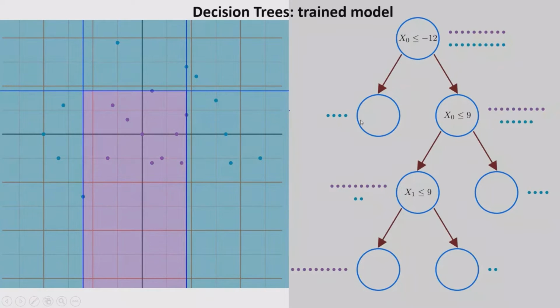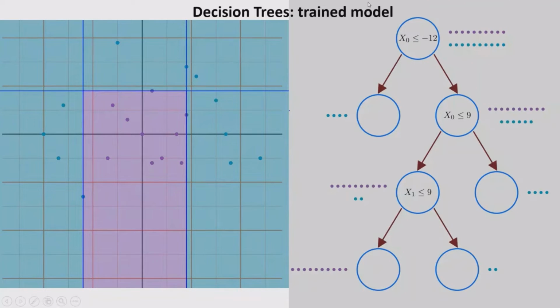So we got one pure node which cannot be further classified, and another impure node which can be. For further classification, we chose another condition, x0 less than or equal to 9, which gave another pure node and another impure node. On that impure node we imposed another condition, and now we are left with two pure nodes which cannot be further classified.